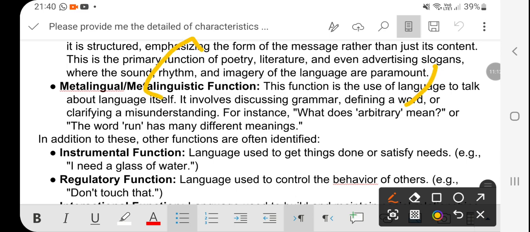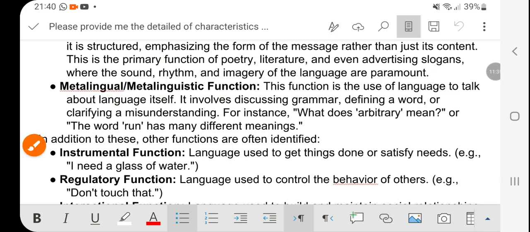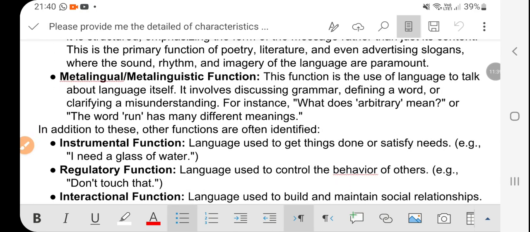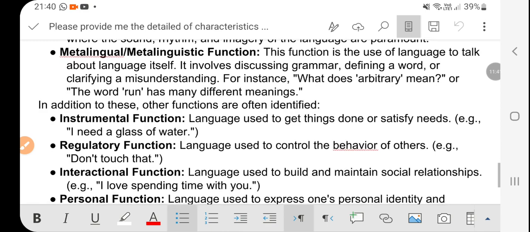The combination of sound, then rhythm, how to speak, and falling tone, rising tone, rising, falling tone. So along with content, we use non-verbal communication or tone or voice modulation, which is called poetic or aesthetic function. So this is another function of language.